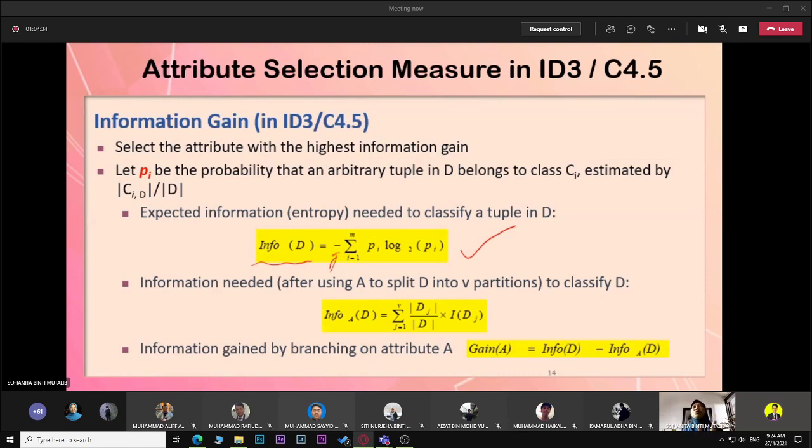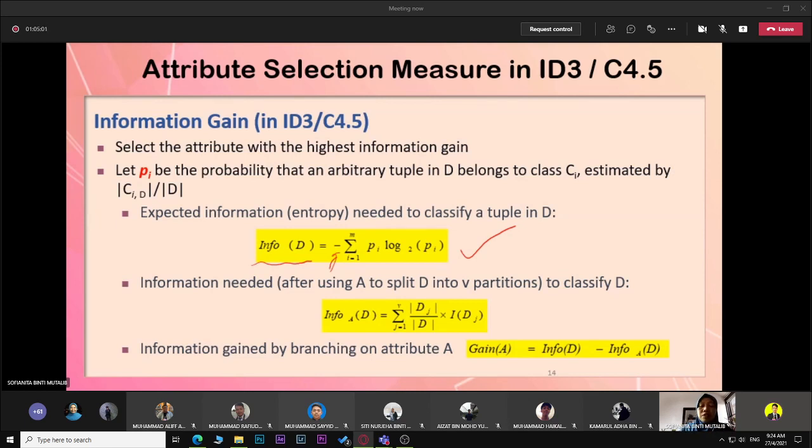If you have two class labels, you would have probability of class A times log 2 of probability of class A, plus probability of class B times log 2 of probability of class B. Sum these and put a minus in the beginning. This is what we call entropy.